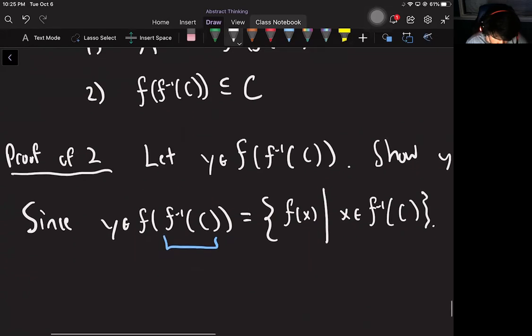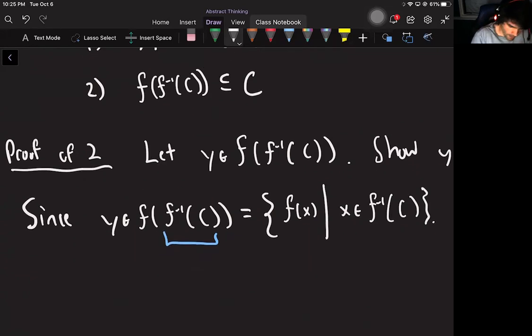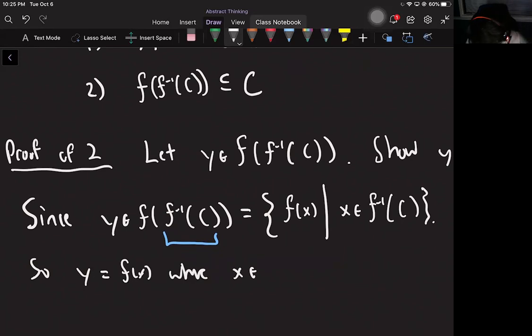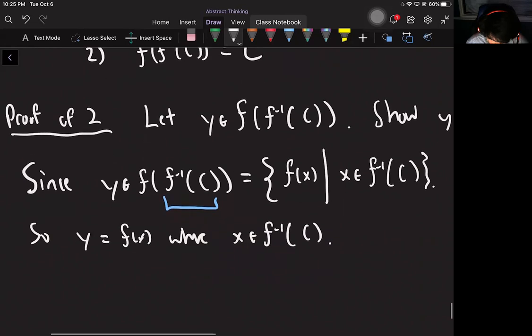So that's what this subset really is. So y is one of these things. y is f of x, where the x comes from the subset that you're sending over, aka this. That's the thing that the image is being taken of.